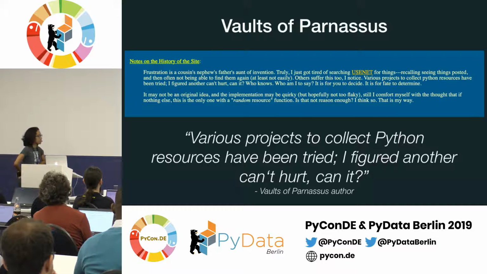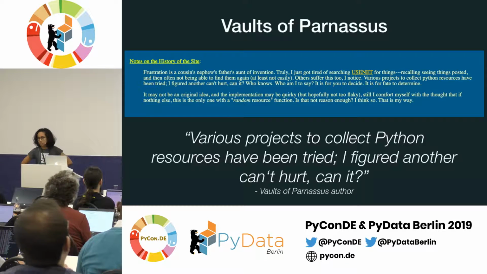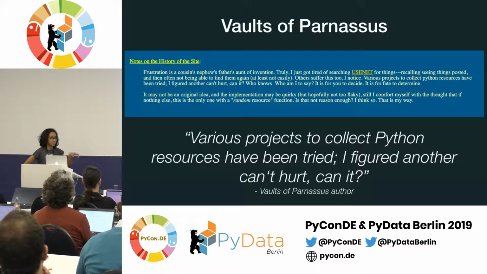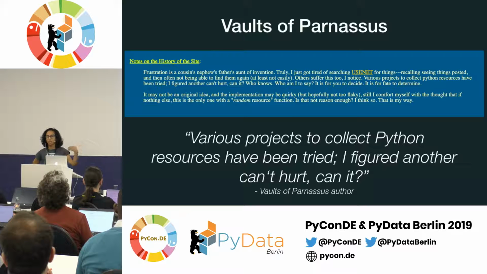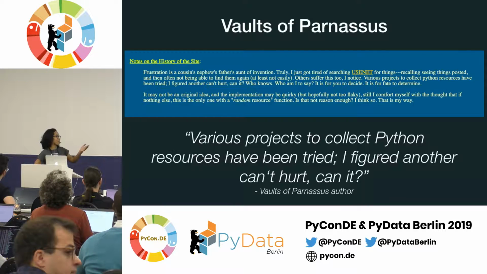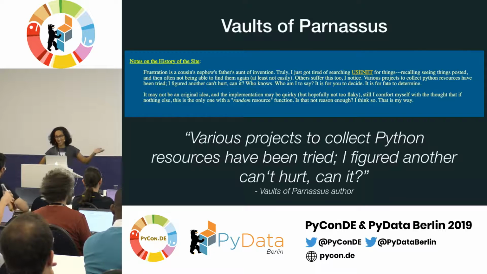And something that I found interesting that the author acknowledged, and I actually don't know who the author is. I tried to find out, digging around the website and doing some investigative work, but I wasn't very successful. So anyways, the author acknowledged that they were not the first ones to write a Python index. And then they go on to say, well, I figured another can't hurt, can it?